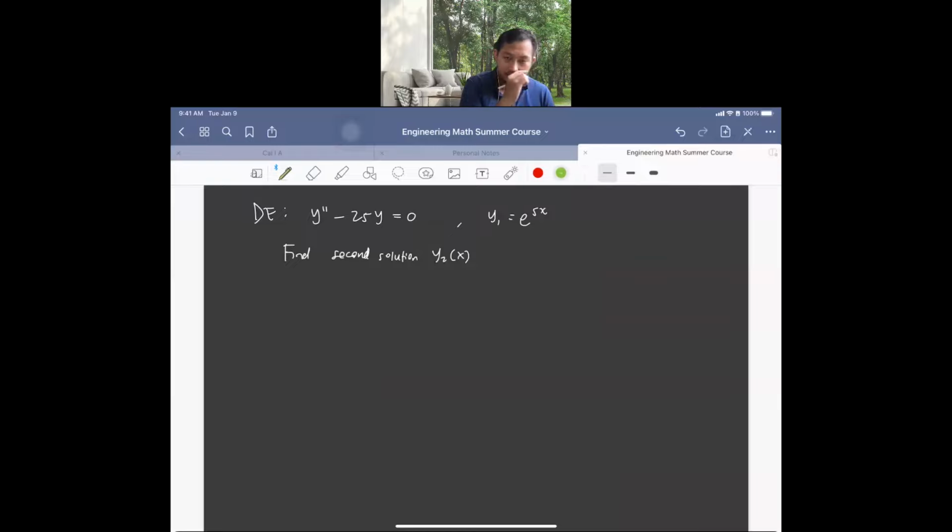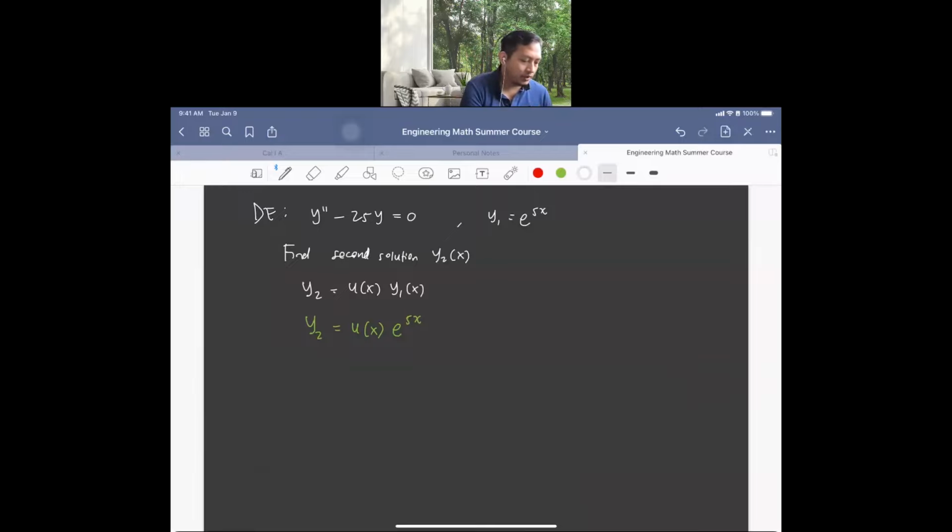First thing, in the reduction of order, we need to define this y2 as some u(x) multiplied with e^(5x). This is from y1, or let me write it in a clearer way: u(x) y1(x).